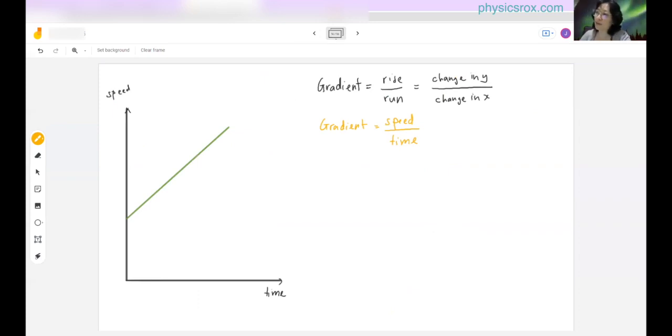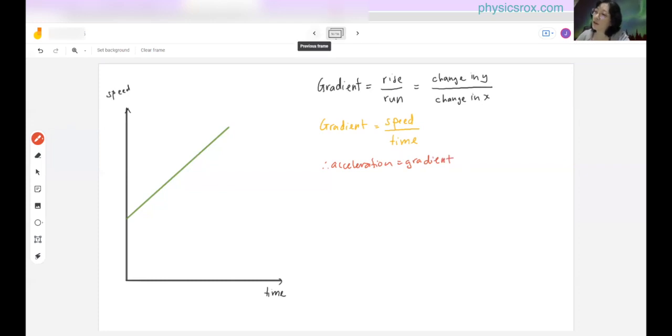If there's a change in speed, it's actually accelerating. For now, you think of it like that. Because when something accelerates, it means it's getting faster. So when the speed is increasing, there is acceleration. That's why acceleration is the same as gradient.